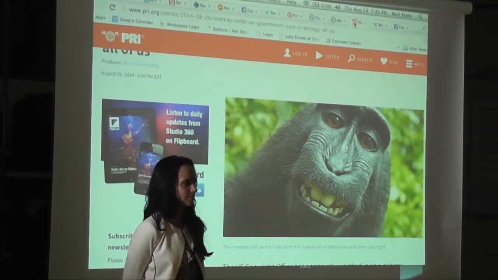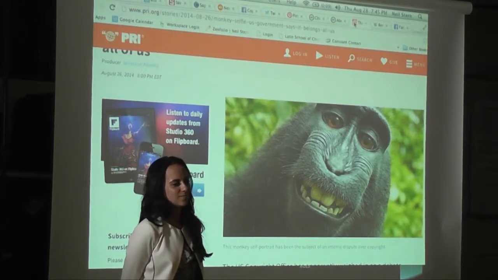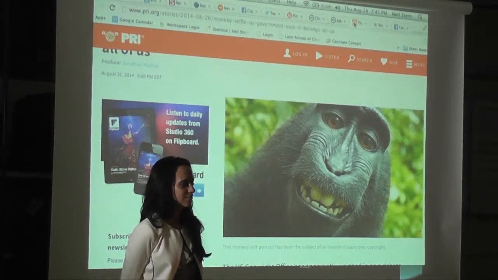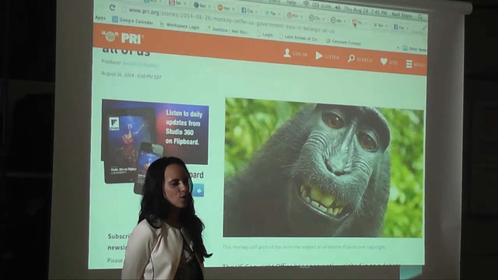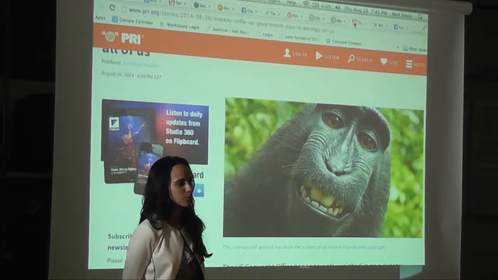The photographer claims that it's his image, and the monkey claims it's its own. Animals taking pictures cannot own the photo, so it's public domain. That's the punchline. But for your purposes, this becomes really important.